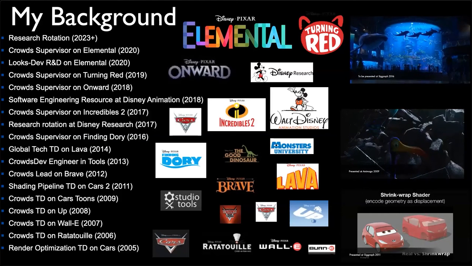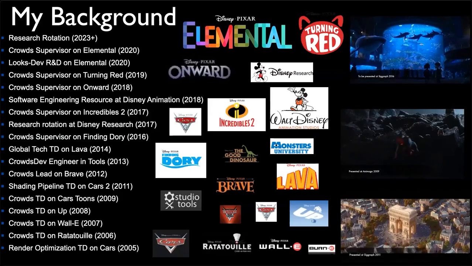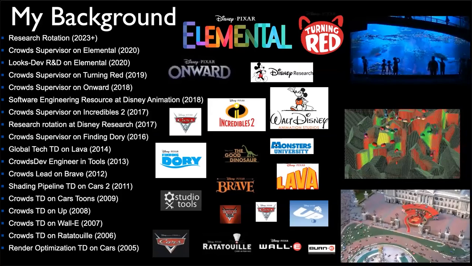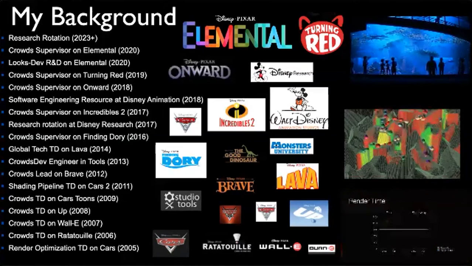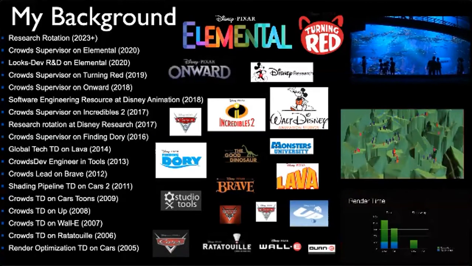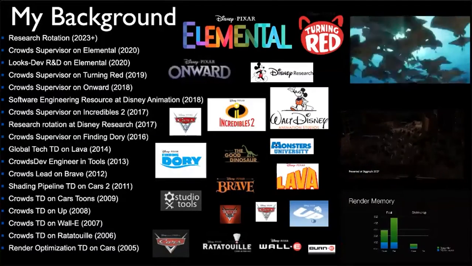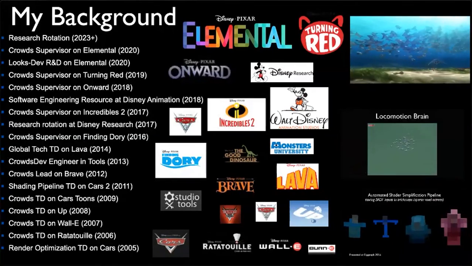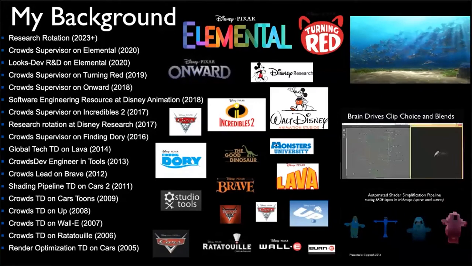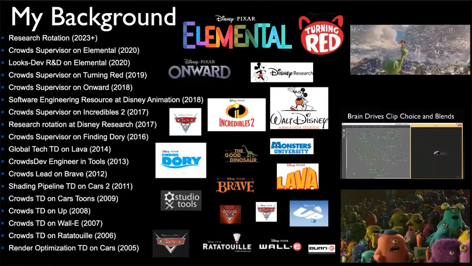So a little bit on my background. I got started at Pixar in 2004-ish as an intern. Got started in shading and render optimization, but around 2006 on Ratatouille, I started getting involved in crowd simulation. That kind of became my specialty. And starting on Brave in 2012, I began leading crowd teams.